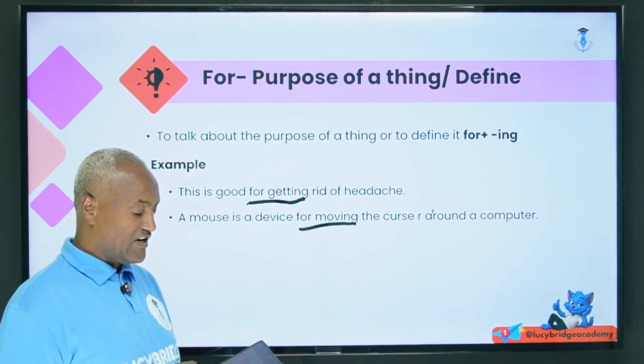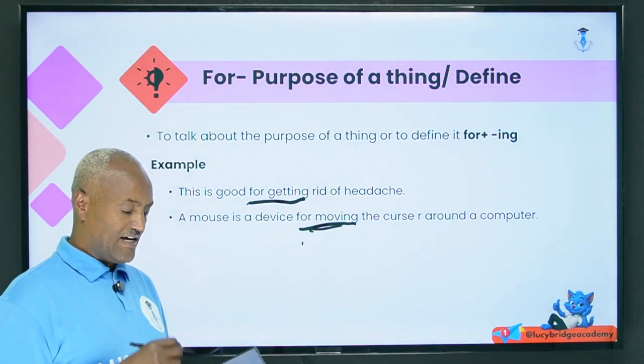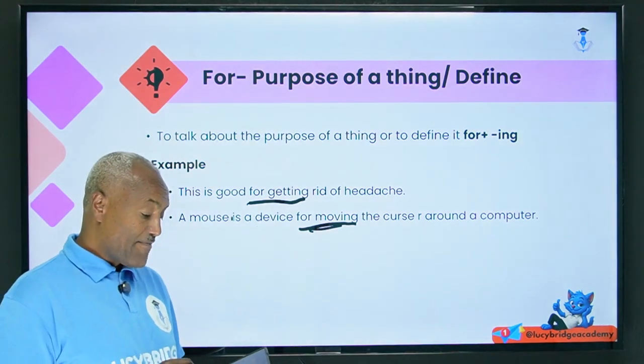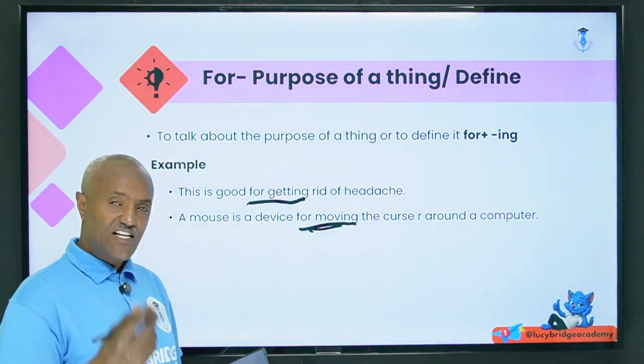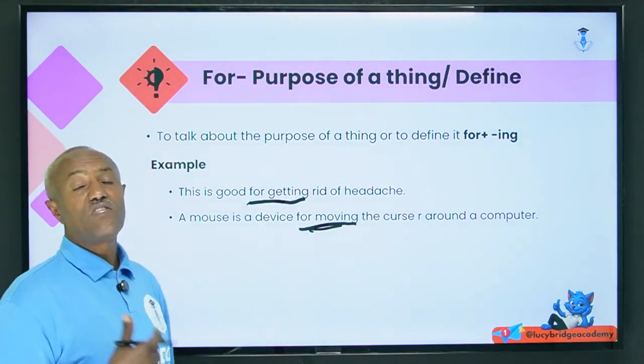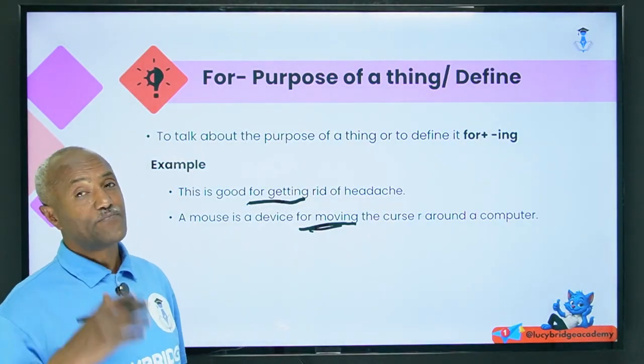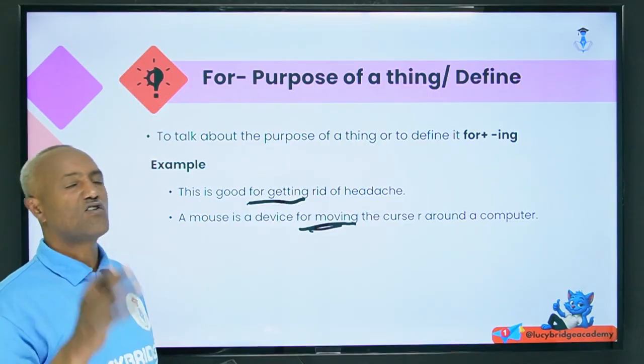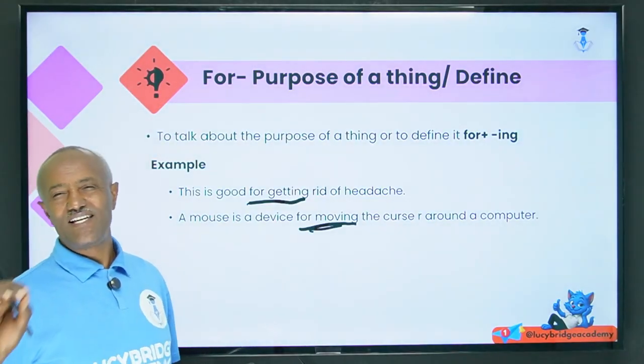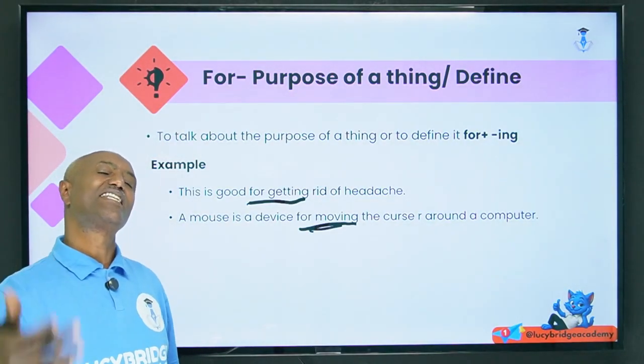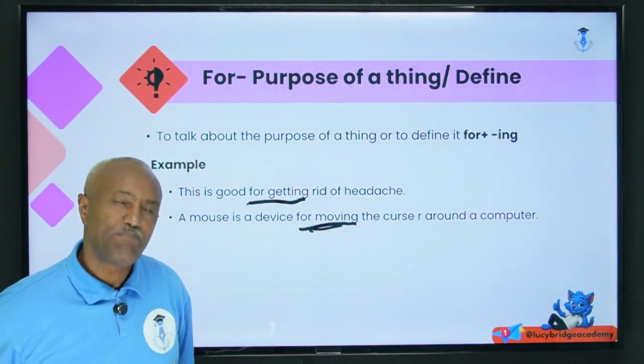That means for getting rid of headaches, for moving. A mouse is a device for moving, it said. Therefore, from this, don't fix your mind that "for" is always only followed by a noun phrase. There is a possibility that it can be followed by a participle phrase.